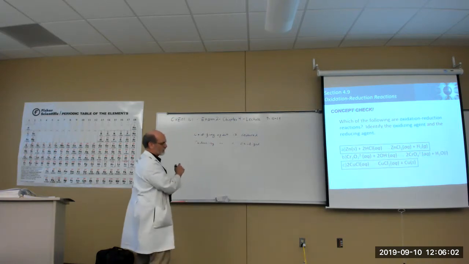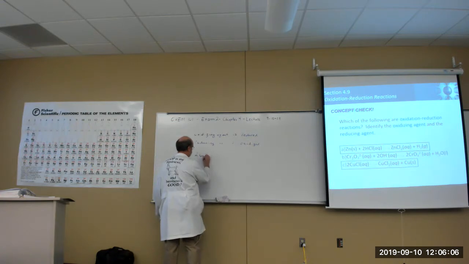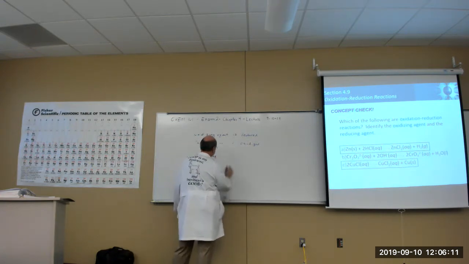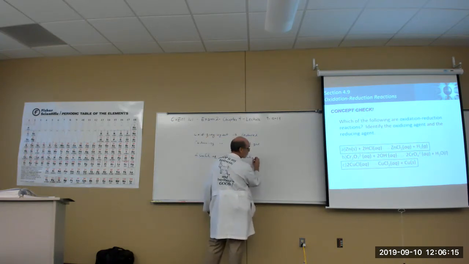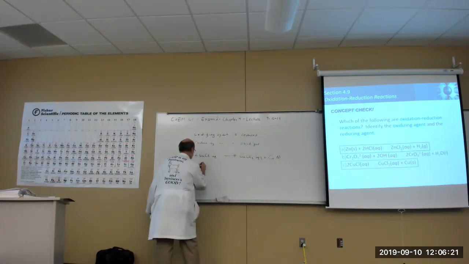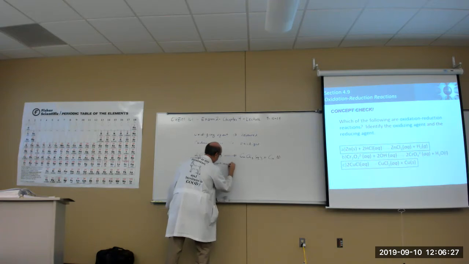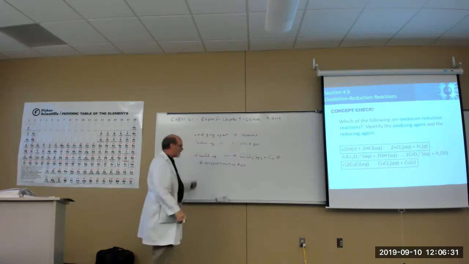Now, this bottom one is a special kind of reaction. It's called a disproportionation reaction. Why?